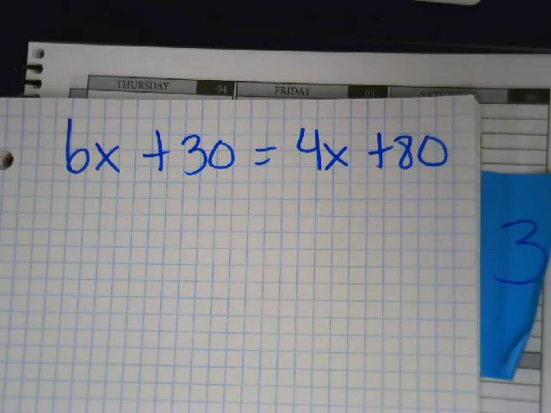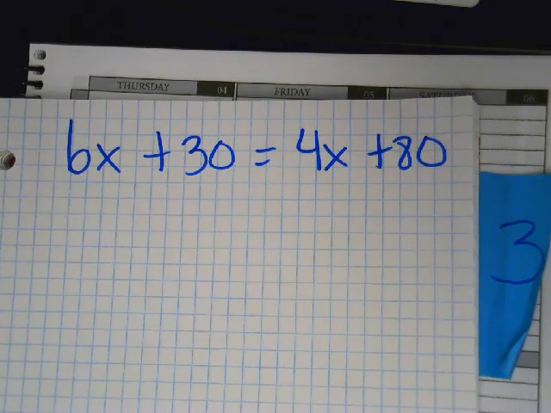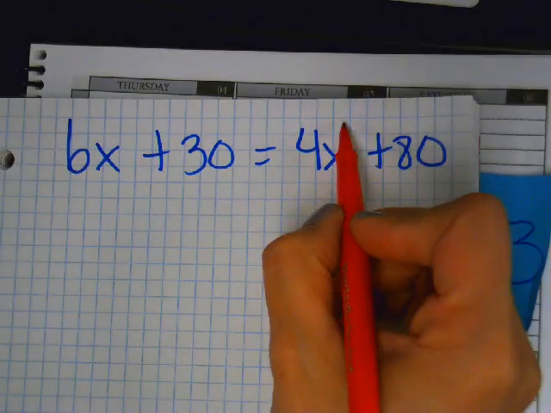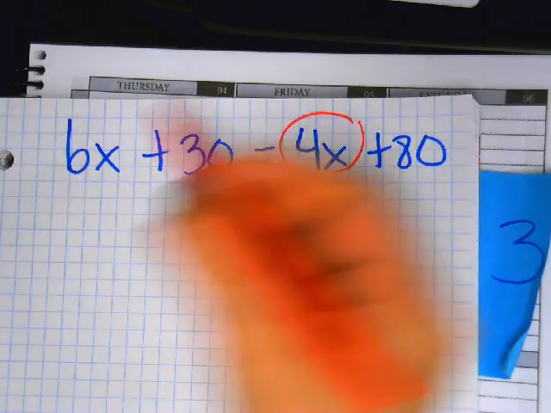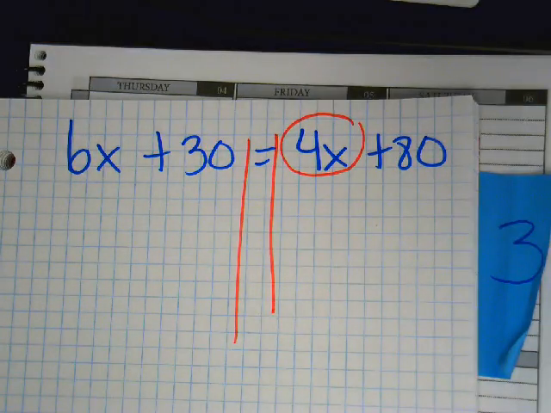Okay. Which one do I move? 4x. Move the smaller one. Más chiquito. Okay. So I'm going to take all of this and move it. How do I move the 4x? How do I make it a 0?